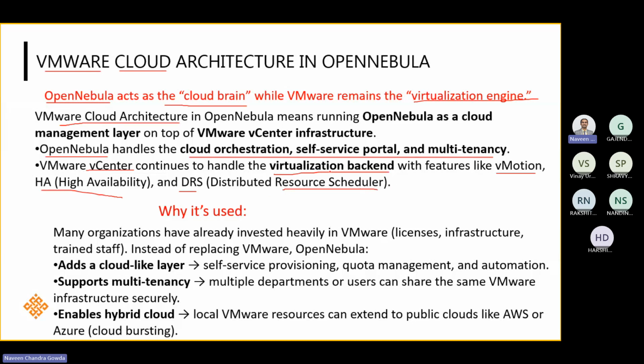All these virtualization-related activities are managed by vCenter. To give the flavor of the cloud, OpenNebula takes care of the cloud orchestration. So the two entities perform their own tasks, and in combination we call it the VMware cloud architecture.